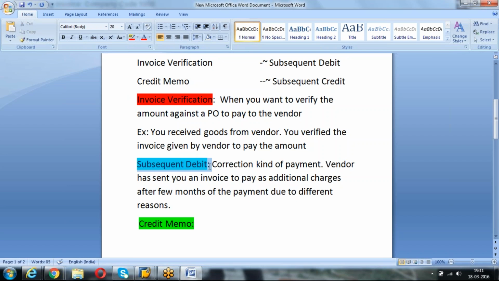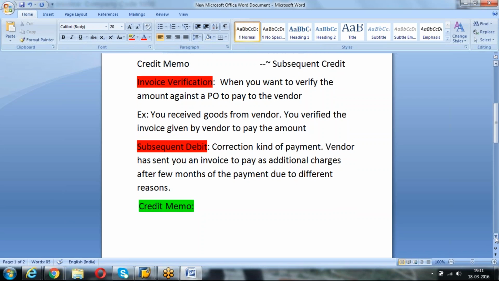We are going to pay money to the vendor, so it looks like we are paying the amount. It's a loss to our pocket. That's why I have given red color. And green, always we want money, right? We need somebody to give something to us. The credit memo means that is a profit for us.